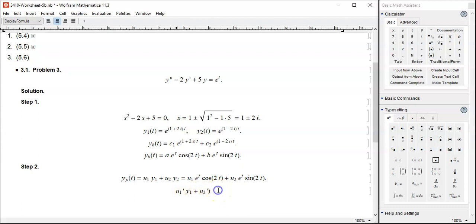I keep pressing the wrong key, excuse me. Another restriction here, and let's highlight it in a different color.